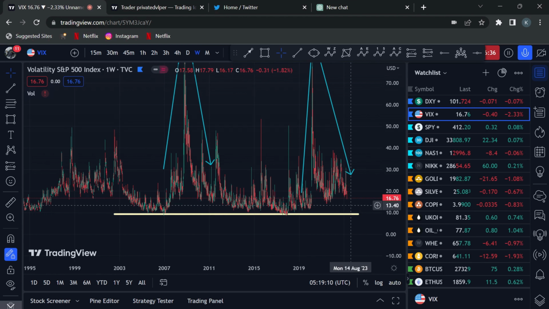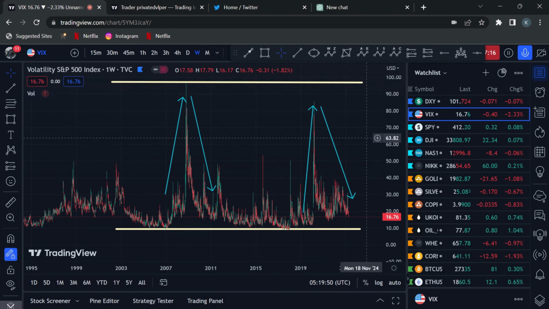So I don't think that the stock market is set for a bull run just yet, because now the VIX, as you can see, is almost at very low levels. So at some point here, we'll be looking for a market reversal in the stock market, from the current bullish trend to a bearish trend. So when the VIX starts to rise, the stock market should fall.